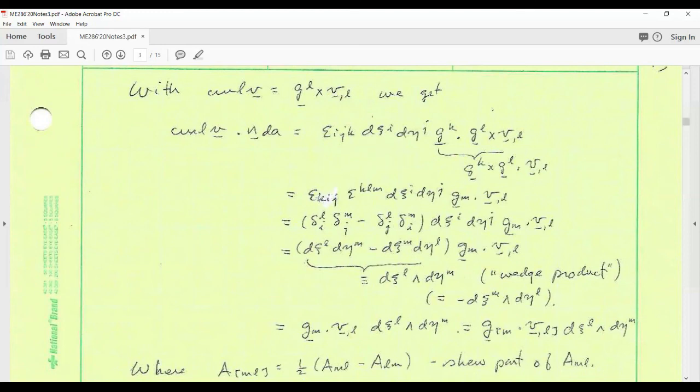Whenever one index is repeated, as it is here in this combination of permutation tensors, the k is repeated. This combination, the two epsilons together, form this parenthesis involving only Kronecker deltas: Kronecker delta li mj minus lj mi.